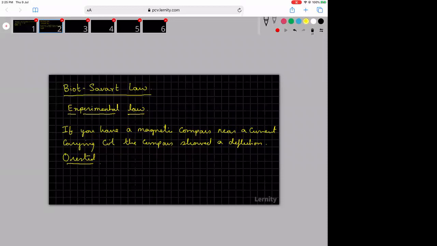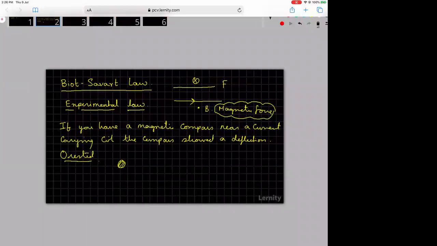So in the previous section, we learned that if you have a current and if you place it in a magnetic field, it experiences a force. Now we are going to learn that if you have a current, around it, there is a magnetic force. Now this is something which Einstein explained quite well. What Einstein said, that if you have a charged particle here, at this particular point, there is an electric field.